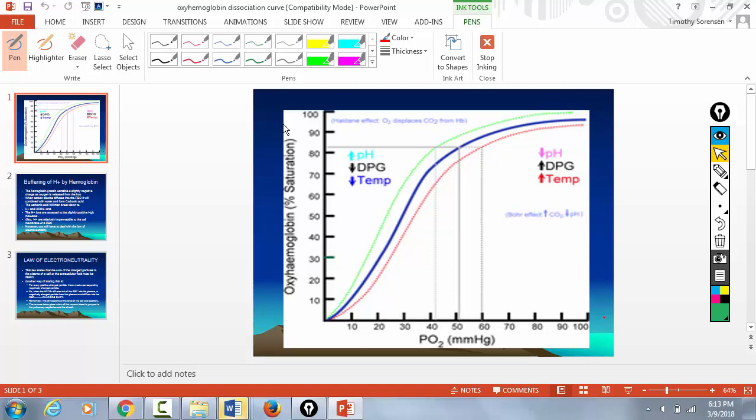Watch. There is a phenomenon with respect to red blood cells, and that phenomenon is this. When an oxygen molecule binds to an iron on hemoglobin, it makes other oxygen molecules bind easier to hemoglobin.